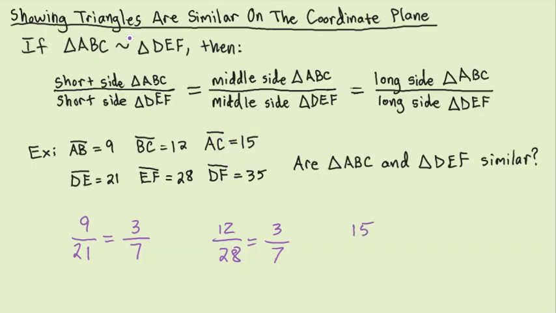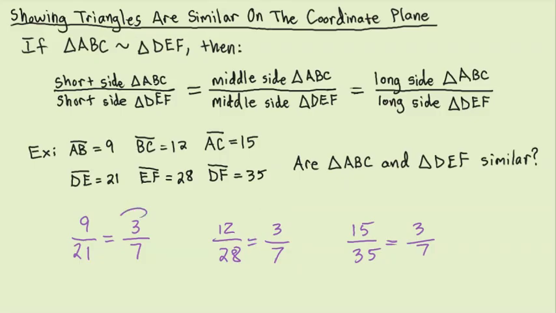So for ABC, the long side is 15, and for DEF, the long side is 35. 15 can be divided by 5, and 35 can also be divided by 5. So 15 divided by 5 is 3, and 35 divided by 5 is 7. And so look, 3/7, we got it.